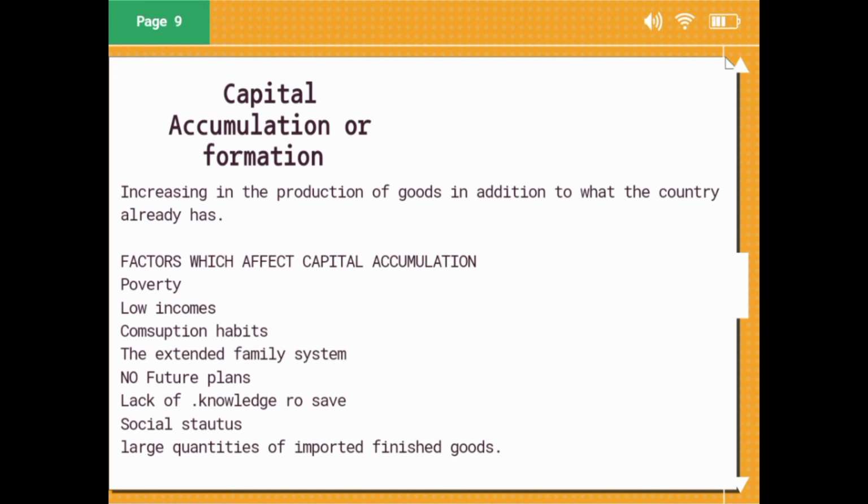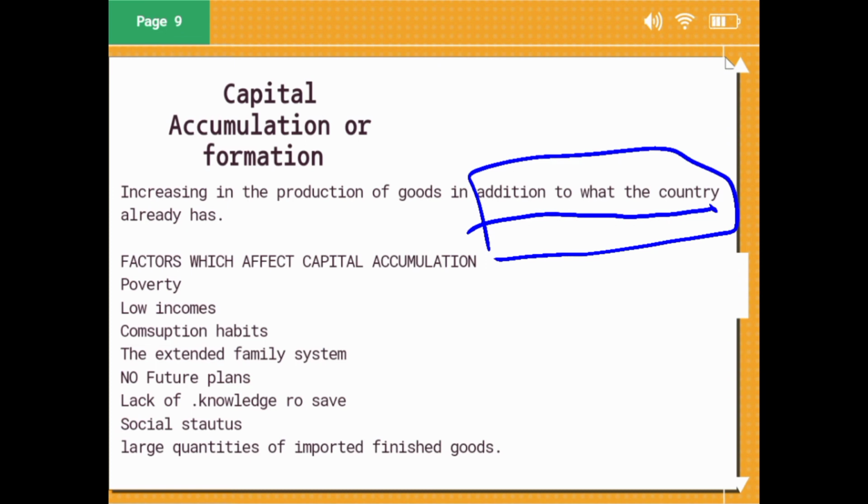It is the increase in the production of goods in addition to what the country already has. That is capital accumulation. This is where the point is. So now, what are some of the factors which affect capital accumulation?